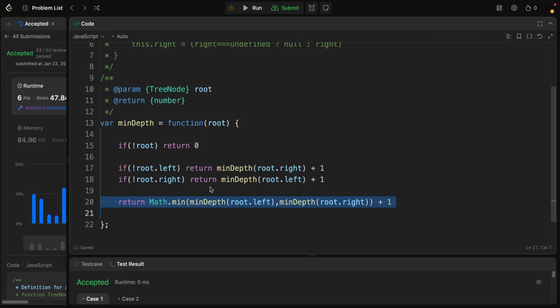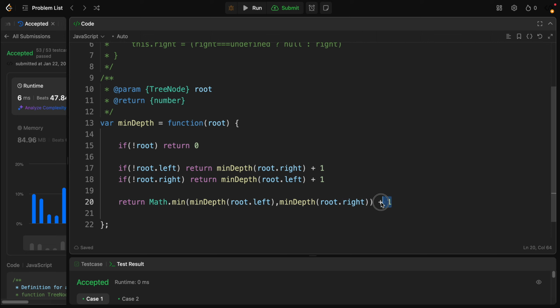And minDepth of root.right calculates the minimum depth of the right subtree by making a recursive call. Math.min is used to find the smaller of the two depths. If the left subtree has the smaller depth, that value is returned; if the right subtree has the smaller depth, that value is returned. This ensures we are finding the shortest path to a leaf node, which is the goal of this problem.